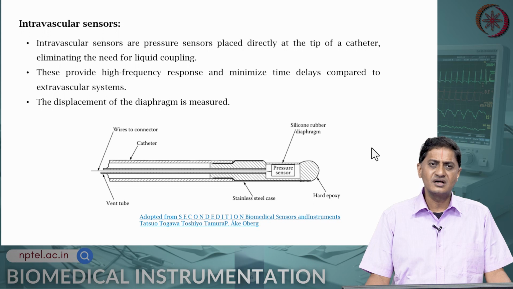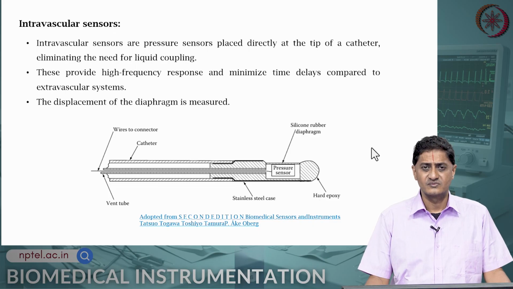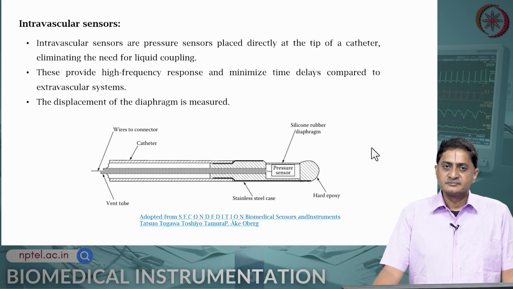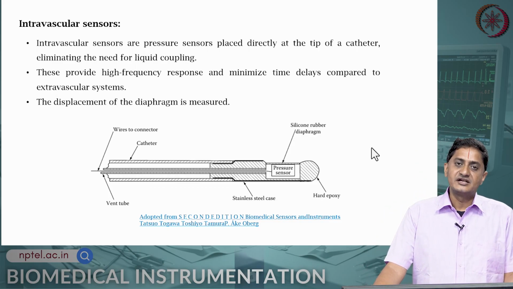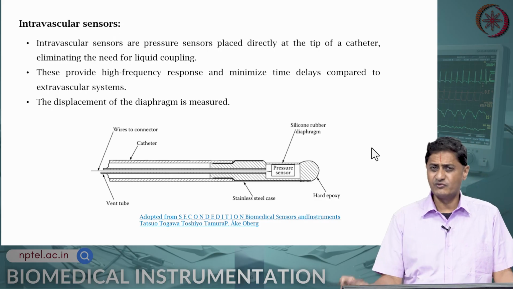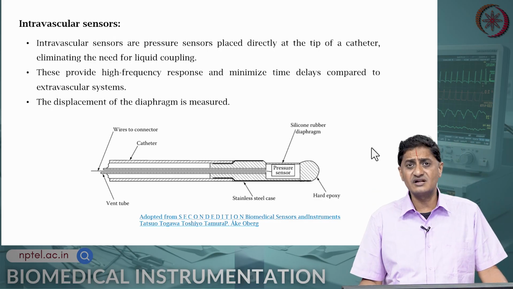These provide high frequency response, so they are very fast, and can measure relatively rapid changes in pressure, and they are highly sensitive and they have high fidelity. They have very minimal delays when compared with the extravascular system.